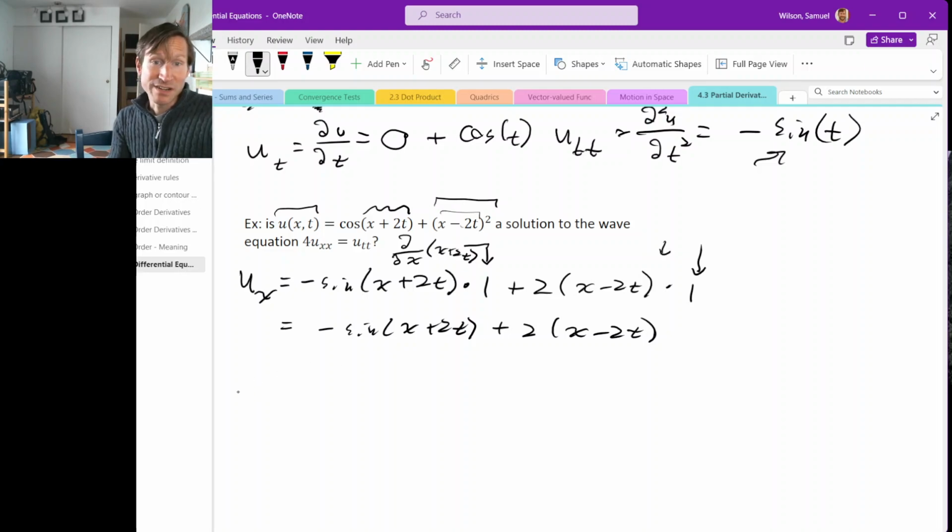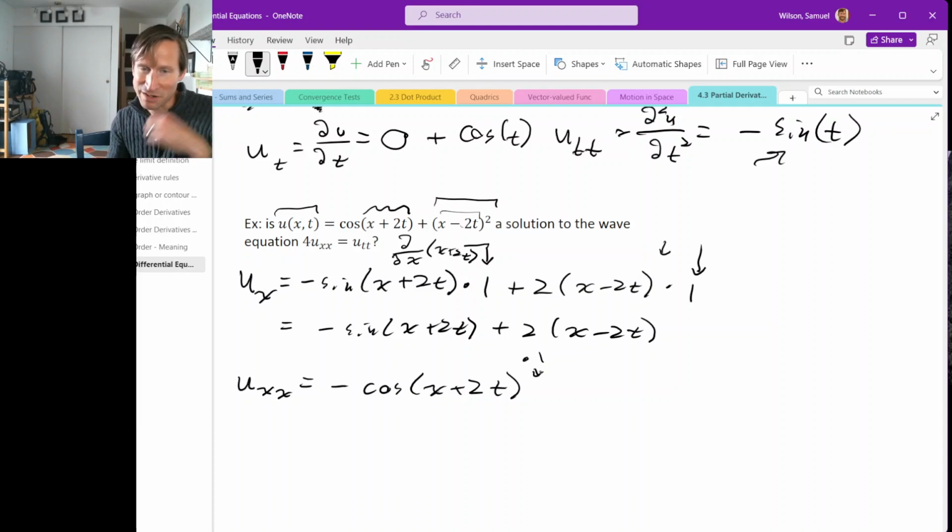All right, now we need a second derivative in the x direction, so u sub xx. The derivative of the first part is going to give us minus cosine of x plus 2t, and then times 1 again, but I won't write the times 1. Plus 2 times the derivative of x minus 2t with respect to x, and that's 1.